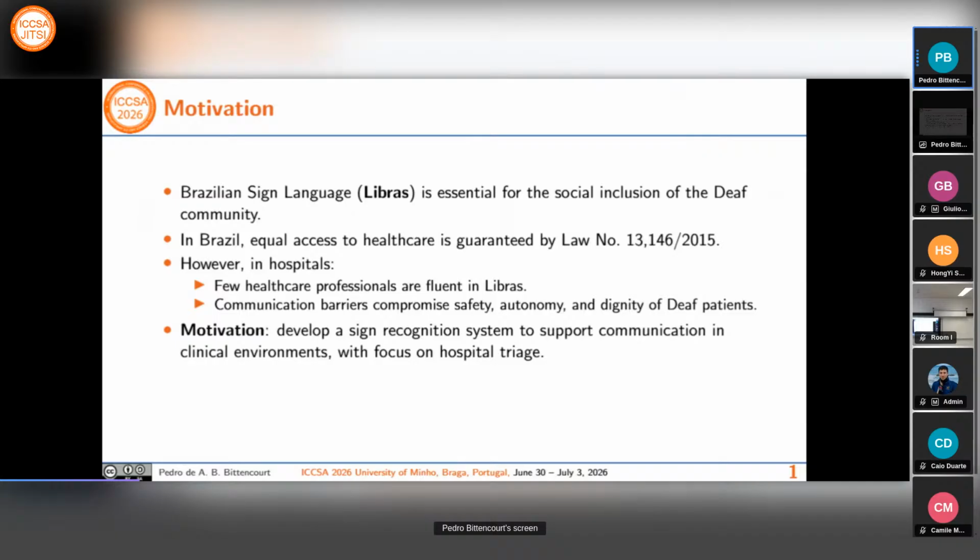Very few healthcare professionals are fluent in Libras, and this creates serious communication barriers that compromise the safety, autonomy, and dignity of deaf patients. In this context, our motivation is to develop a sign recognition system that can support communication in clinical environments, particularly during hospital triage.